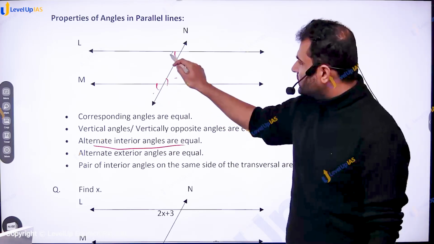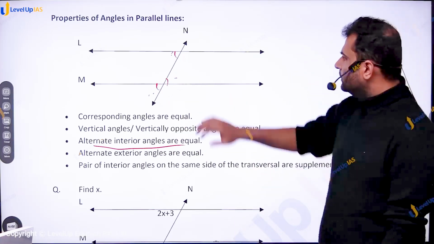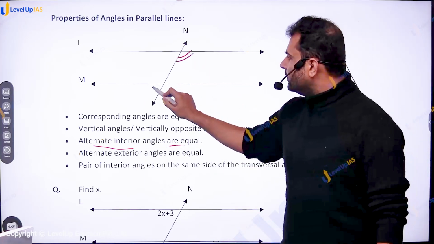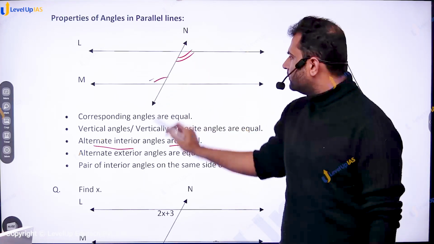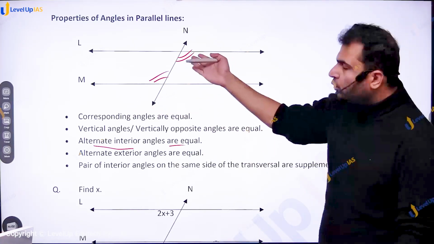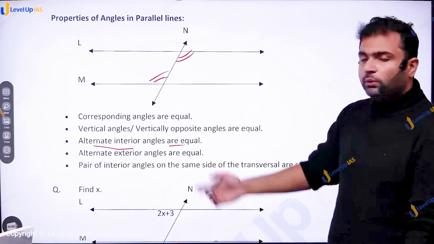This angle is same as this angle, corresponding. Fine. Similarly, other Z forming angles, ये और ये, these two angles are equal. Even if they are obtuse angles, they are still forming Z, they are still alternate angles, they will be equal.